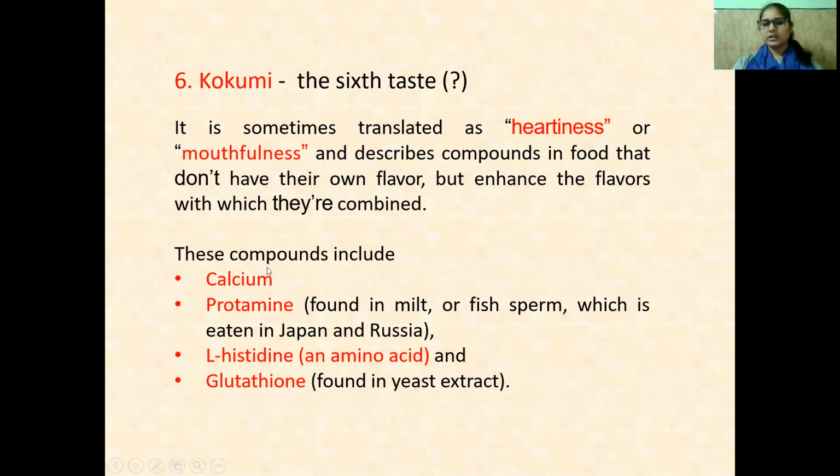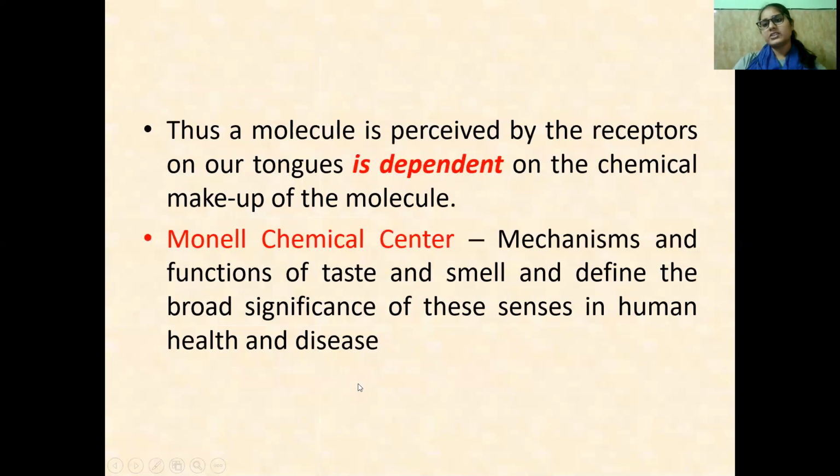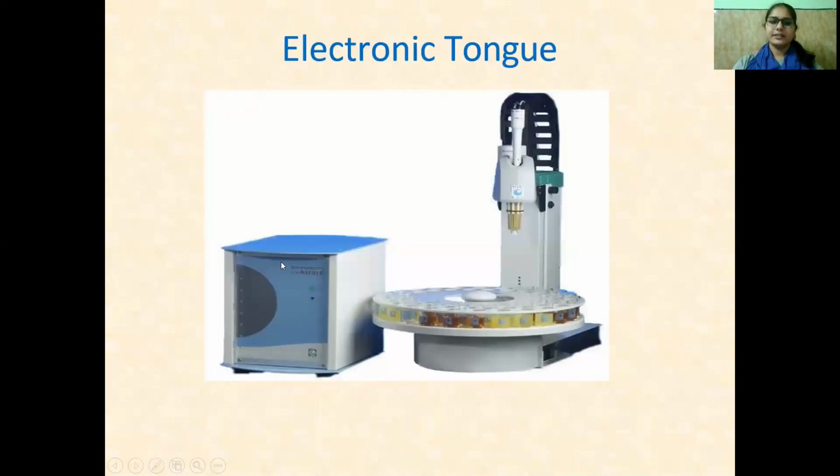These compounds include calcium, protamine found in milk or fish sperm, which is eaten in Japan and Russia, L-histidine, an amino acid, and glutathione found in yeast extract. Thus, how a molecule is perceived by the receptors on our tongues is dependent on the chemical makeup of the molecule. So, the Monell Chemical Senses Center studies the mechanism and functions of taste and smell and defines the broad significance of these senses in human health and disease.